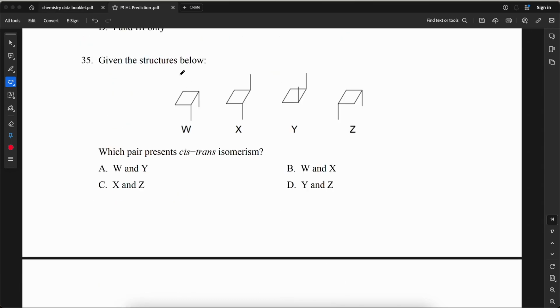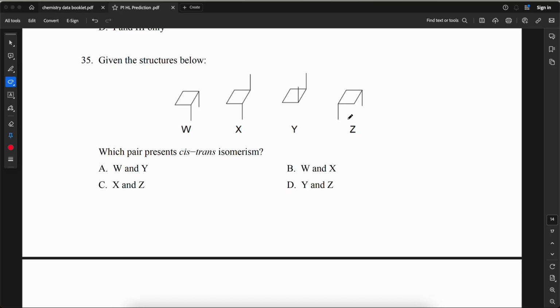Given the structures below, which pair presents cis and trans isomerism? Stereoisomers have the same molecular formula and connectivity but different spatial arrangement. So cis and trans isomerism occurs in cycloalkanes due to the restrictions in the plane of the cycle. So 1,2-dimethylcyclobutane presents two possible configurations as the methyl groups can be on the same side or not.